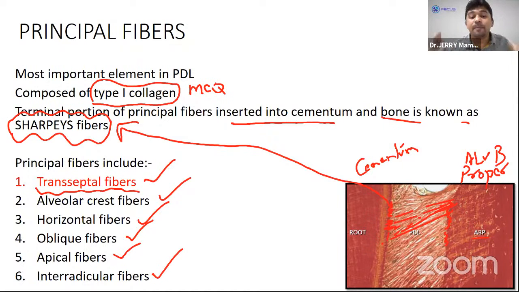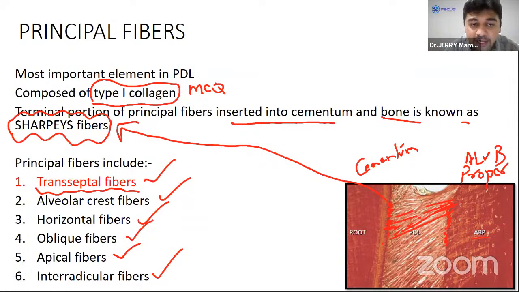Basically, its role is to attach the tooth to the bone. But transeptal fibers are a group of fibers which do not have attachment. So it is classified both under gingival and periodontal fibers. Discussions are still going on to decide what to do with it.